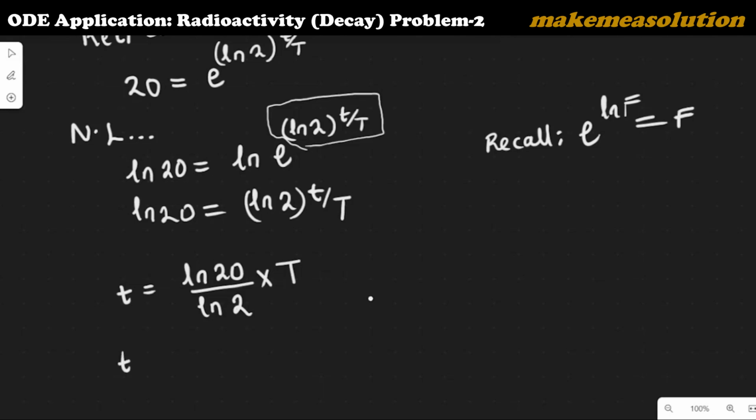Our t is actually 4.32 T. So you can evaluate ln 20 over ln 2 with your calculator and see what you get. 4.321928 thereabout. So this is the approximate answer, and this is proved.